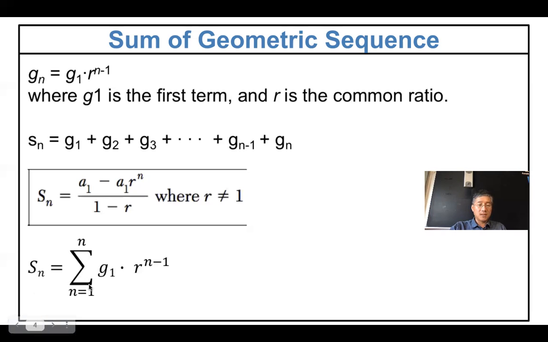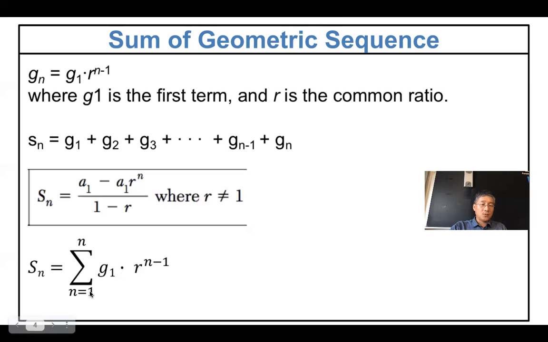This symbol is called sigma, and it means the sum of all the terms in the sequence. Here you should see three things in this sigma: the bottom, the top, and the right side. The bottom is the starting term and the top is the ending term.